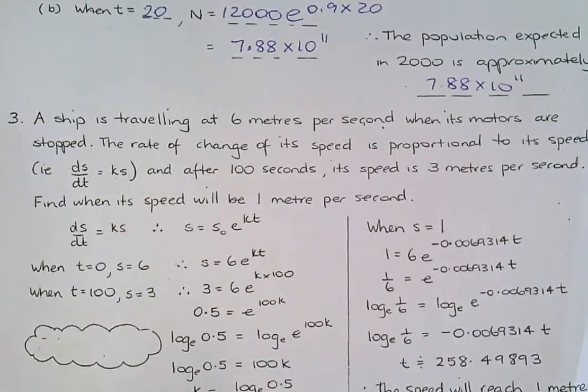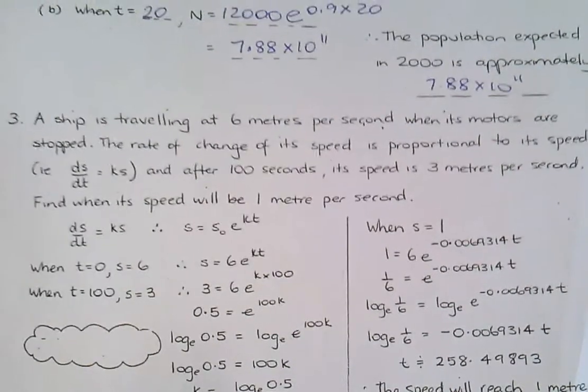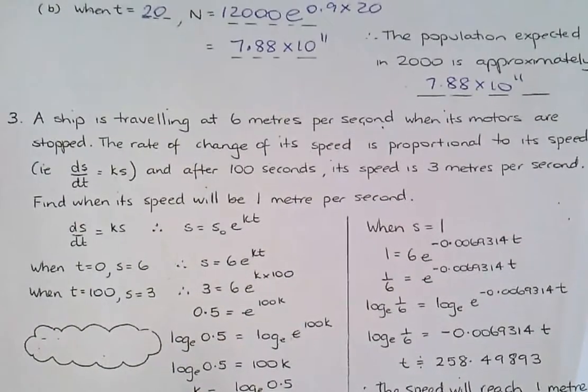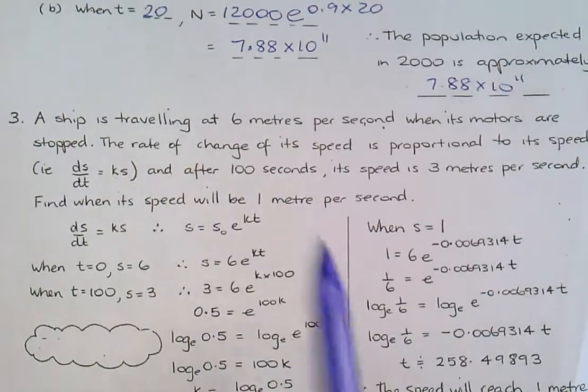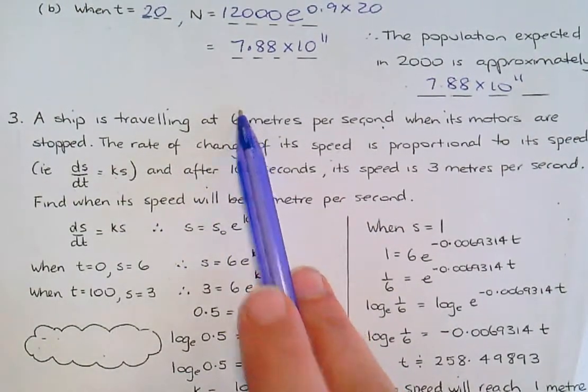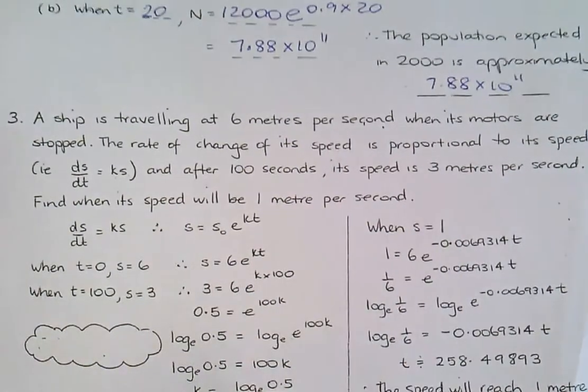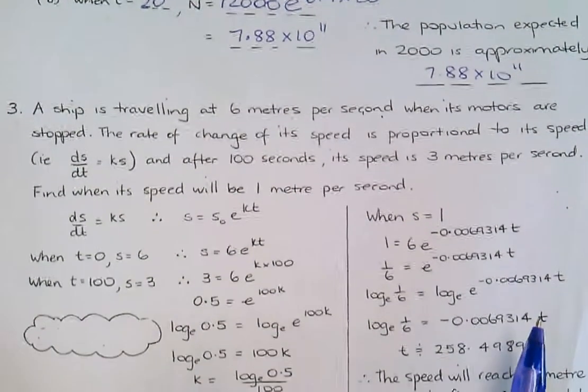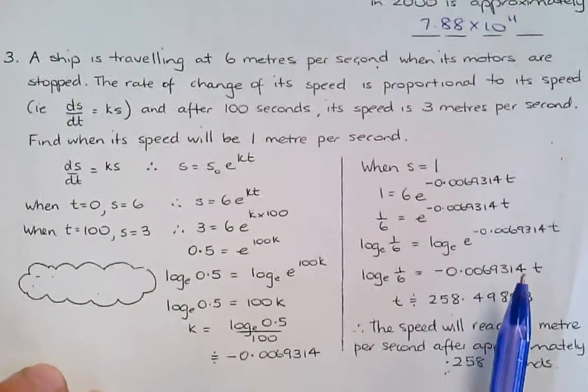So it's a ship travelling at 6 metres per second. They turn the motors off. Do you think it's going to keep moving? Yes, it'll keep moving. That's why after 100 seconds, it's slowed down from 6 metres per second to 3 metres per second. Now, is this exponential growth or decay?